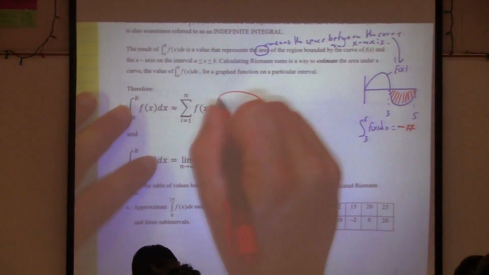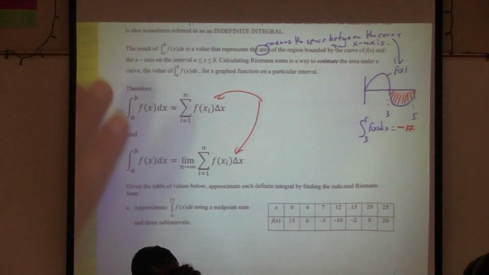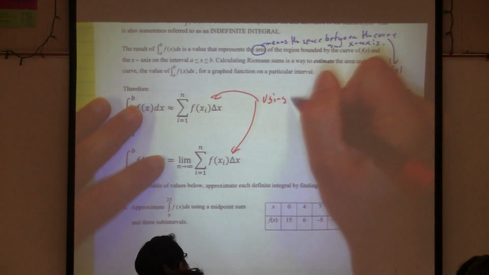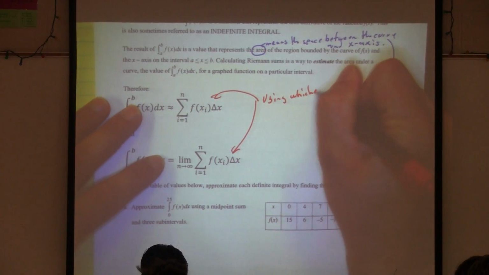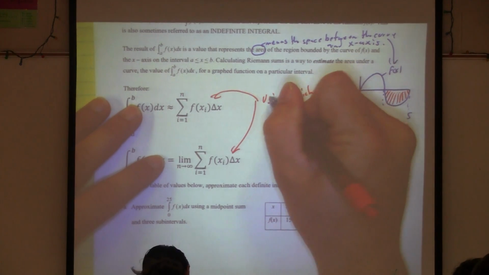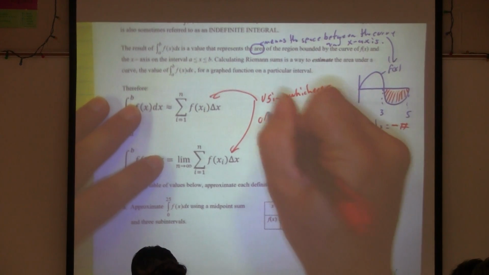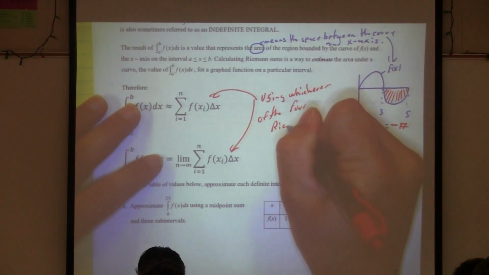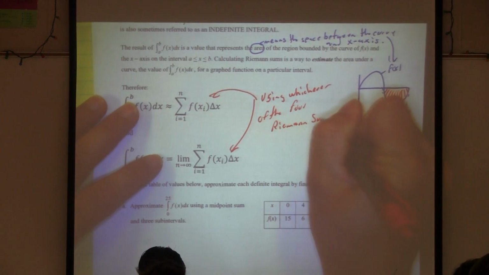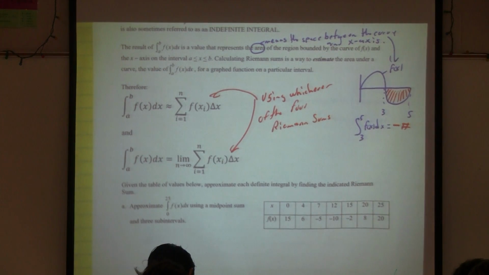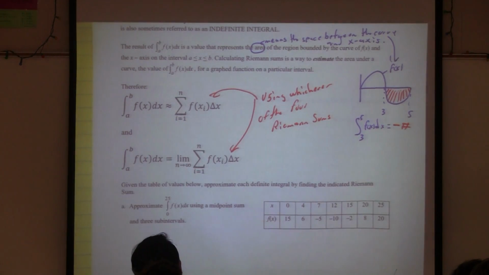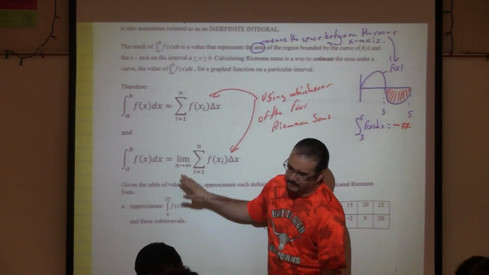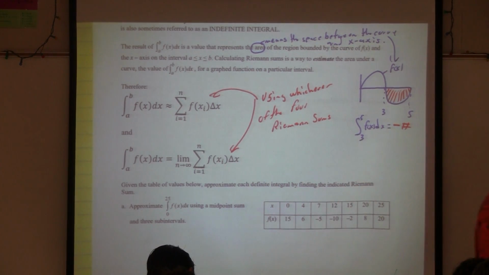So here, I put it generic, I just put f of xi times delta x, and this would be using whichever of the four Riemann sums. It doesn't matter which one you use there, okay? This one will always be an approximation. This one with the limit will be the exact answer.